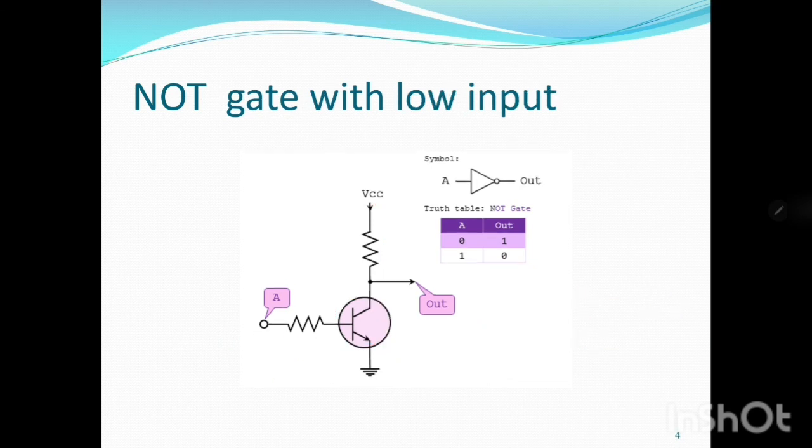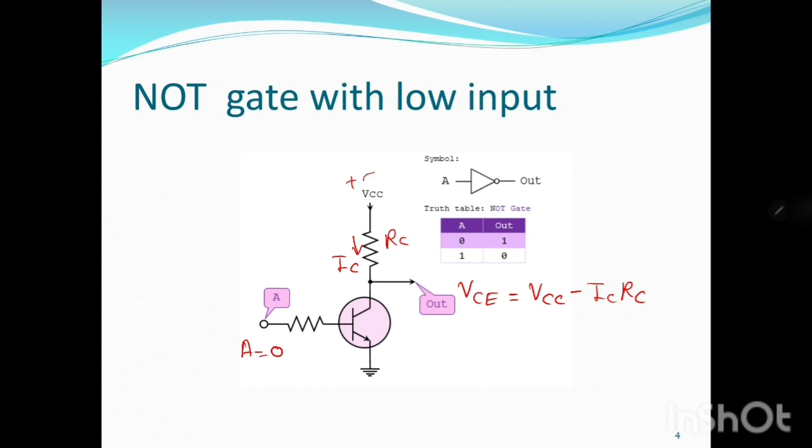In the second case, when input is low, means A is equal to 0. In that case, the current flowing through this resistance RC, that is IC, is 0 and therefore output voltage VCE is equal to VCC minus this ICRC drop.